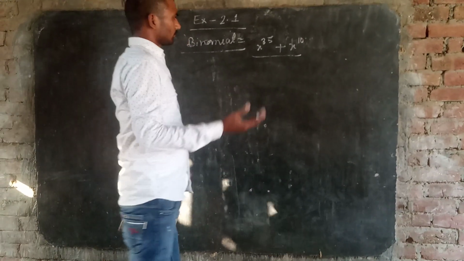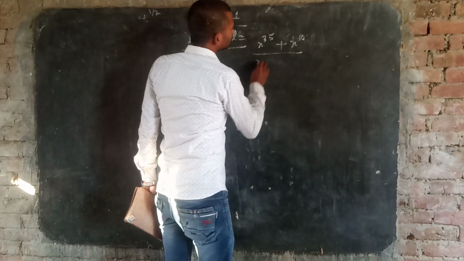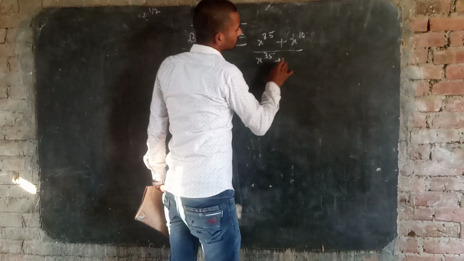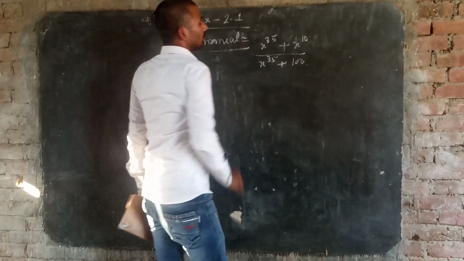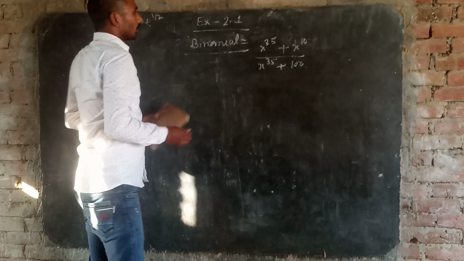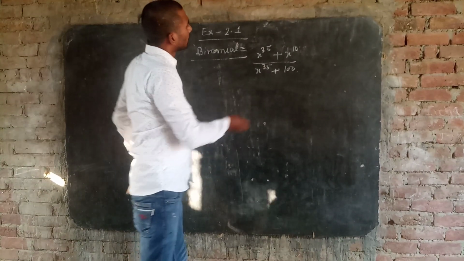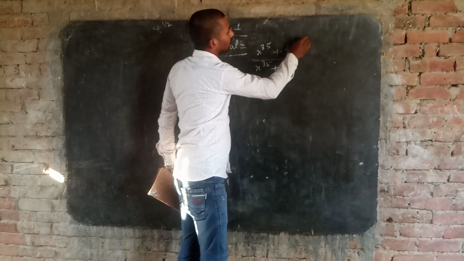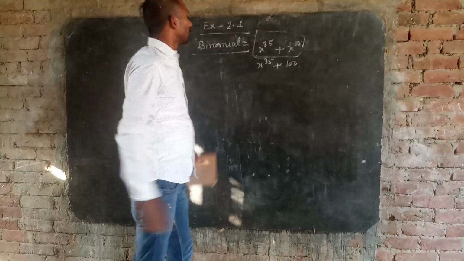We can take another example, x power 35 plus 100. This is the example of a binomial of degree 35.